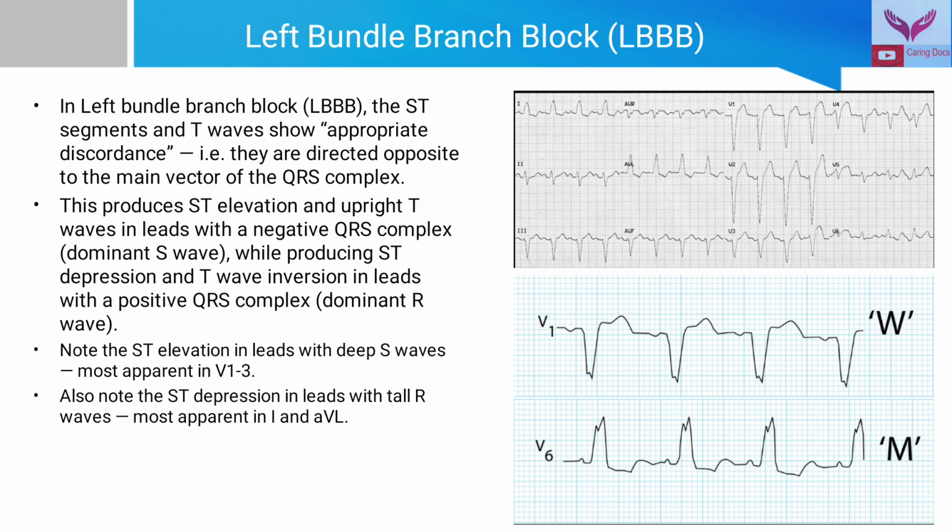Note in this ECG the ST elevation in leads with deep S waves, most apparent in lead V1 to V3, and also note the ST depression in leads with tall R waves, most prominent in lead 1 and AVL.